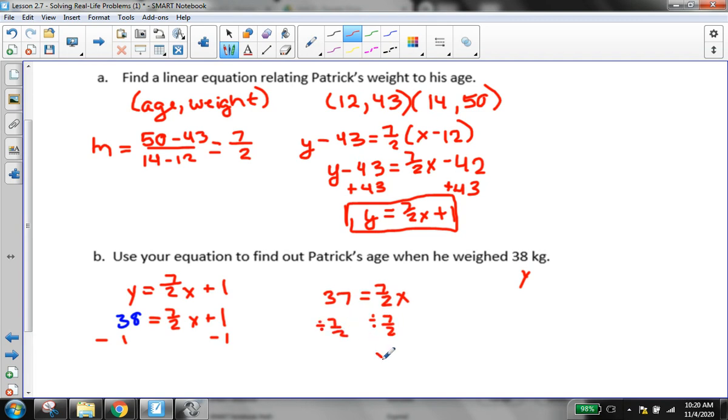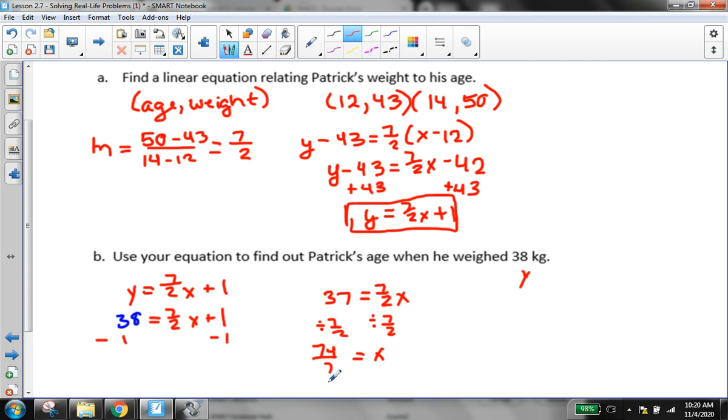And then I'm going to come up with my answer, which is a weird number. So I'm getting an answer like 74 over 7. I think that's what my calculator is giving me. So 37 divided by 7 over 2. Yeah, it's giving me a weird answer. Who talks like that? 74 over 7. All right, so when you get a weird answer like that, that doesn't make sense.